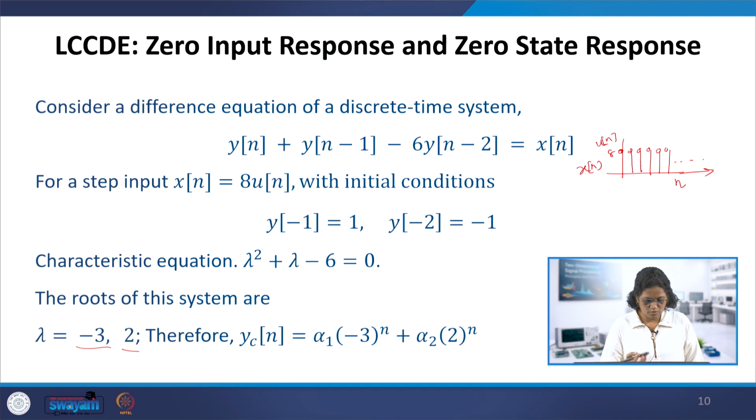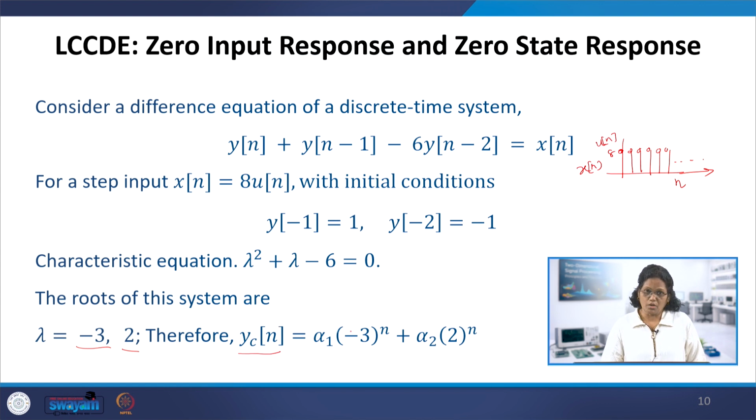If you recall solving difference equations, we have the complementary solution and the particular solution. The complementary solution, because of the distinct roots, is yc of n equal to alpha 1 times minus 3 power n plus alpha 2 times 2 power n. Alpha 1 and alpha 2 need to be found to get the complementary solution.